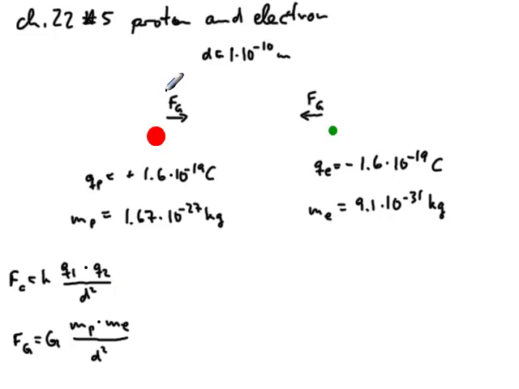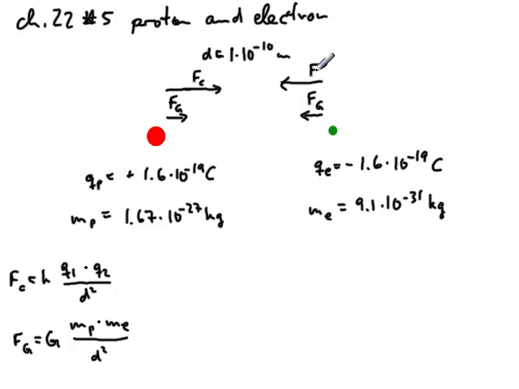And the problem asks us to show that the electrical force between the electron and the proton is much larger than it is for gravity, and so I make that arrow larger. It's not to scale, it's actually so much larger that I wouldn't be able to put it on paper here.